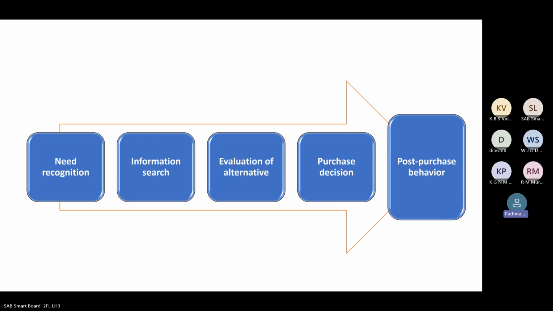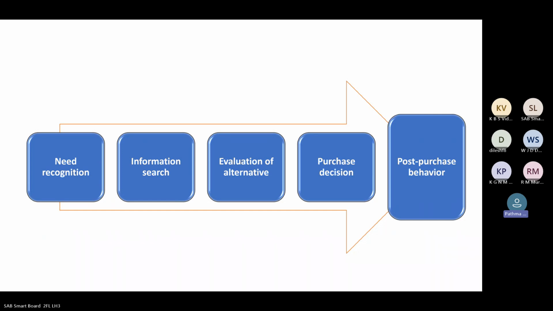And next step, the evaluation of alternatives. Out of this information search, what am I going to buy? If I am selecting a dress, what the style is going to be, how much price I can afford, the fabric, whether it will match the event, and maybe the fit is going to be exact, and a place where I'm going to buy.